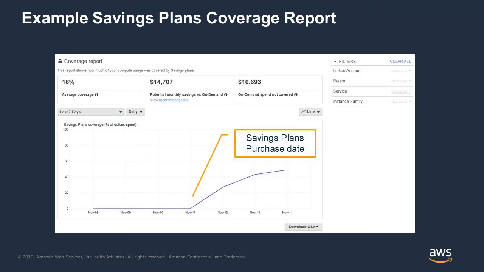The savings plan coverage report will tell you what percentage of your dollars are enjoying a savings plan discount versus percentage of dollars being spent on reserved instances or on demand. And so you can see in this case, purchasing the savings plan on 11th of November gradually resulted in a ramp up in savings plan coverage.